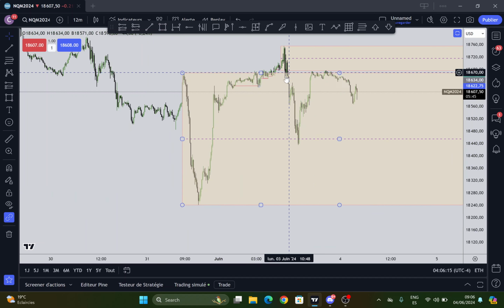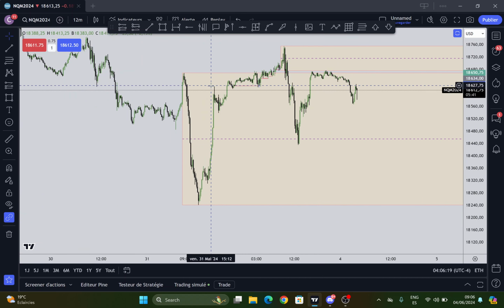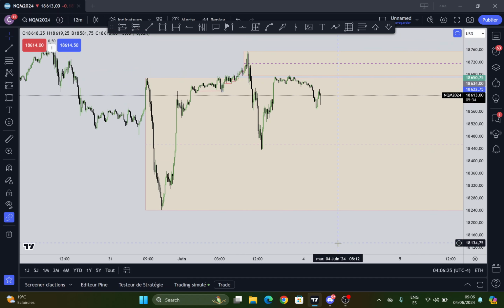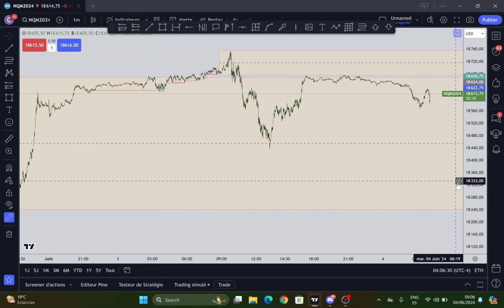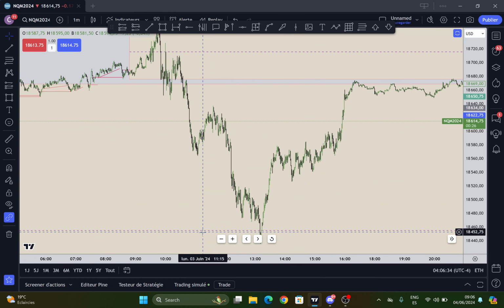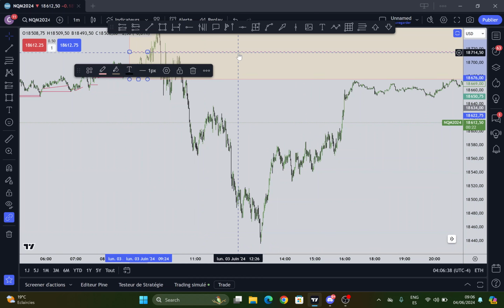So I was thinking shorts to the 50% or to at least this SNDR, right? At least this SNDR. So I went to the M12, right? It was stalking shorts here, okay? Let me delete this zone here, right?